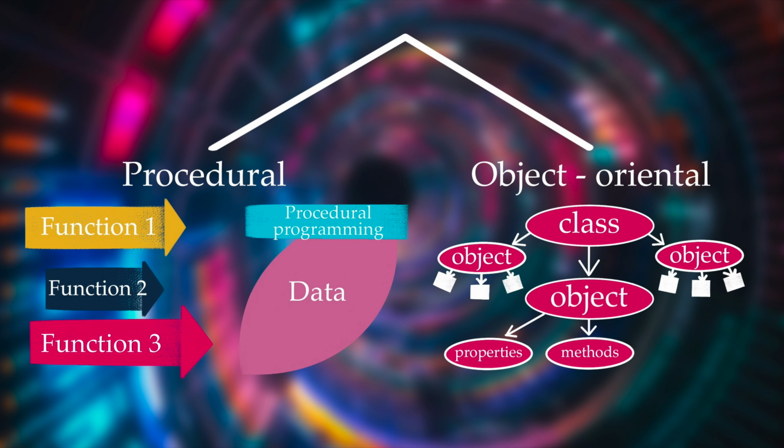And when procedural programming became insufficient, an object-oriented approach was invented, which was perceived by the community of programmers as a powerful solution capable of solving all problems. The object-oriented approach revolves around two main concepts: classes and objects. A class defines a blueprint that encapsulates data, properties, and behavior, methods, of objects. An object, on the other hand, is an instance of a class with specific values for its properties.